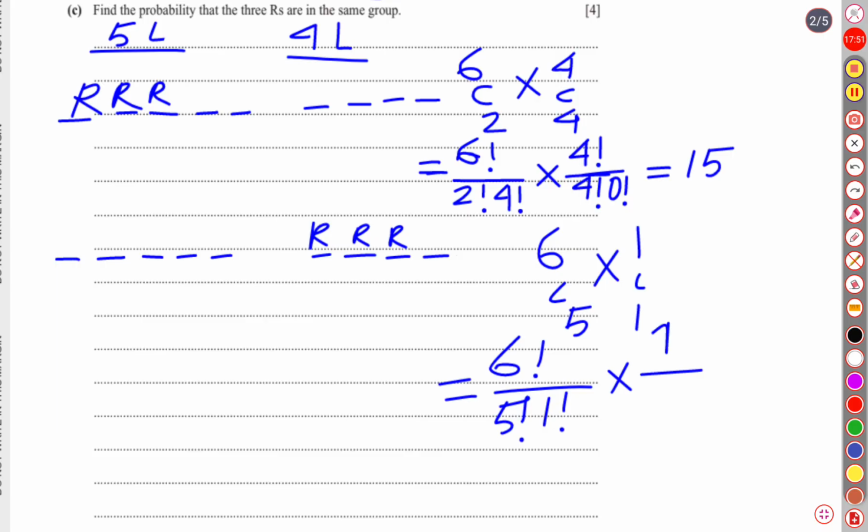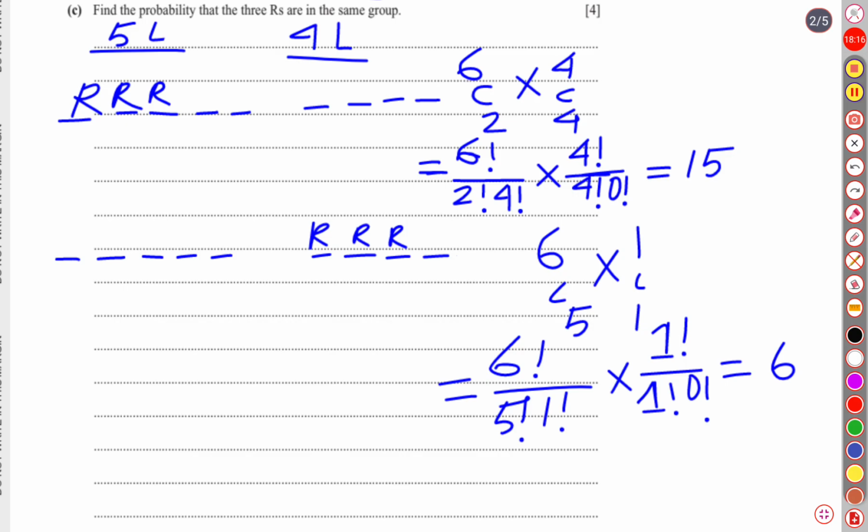Yet I can show 1 factorial over 1 factorial or 0 factorial. Okay, now let's see. 6 factorial means 720 and 5 factorial means 120, 1 factorial means 1. So if we divide 720 by 120, it is going to be 6. Okay, and 1 factorial means actually 1, so it's all the same one.